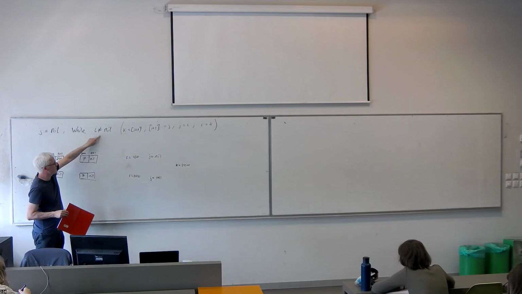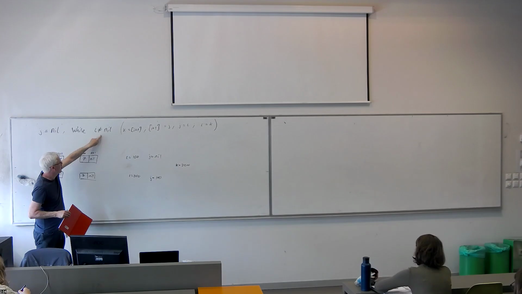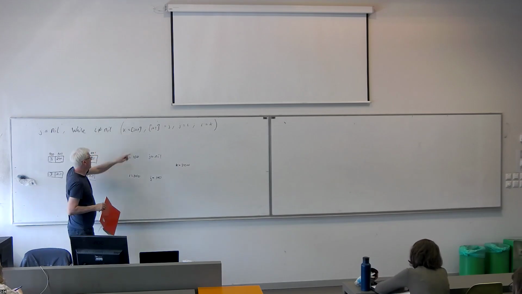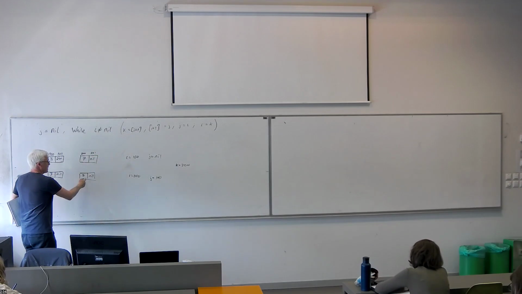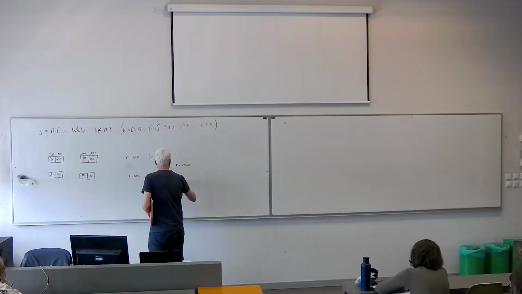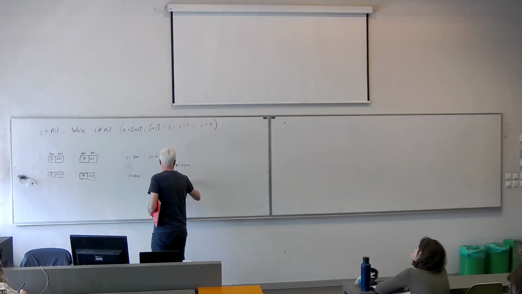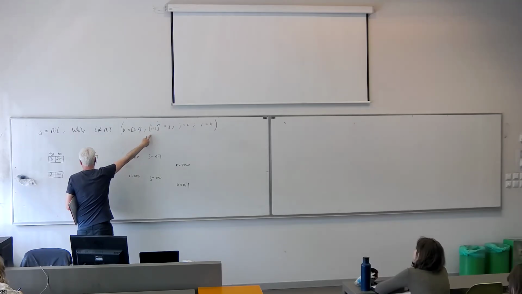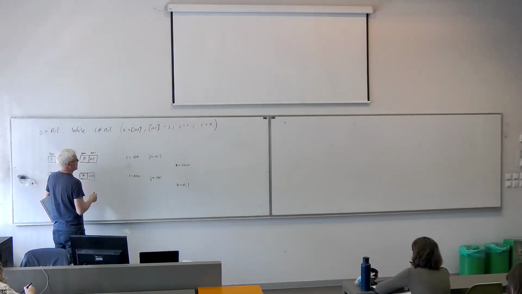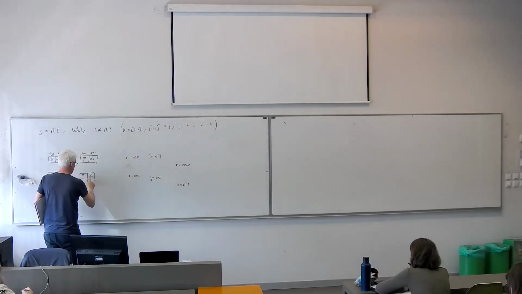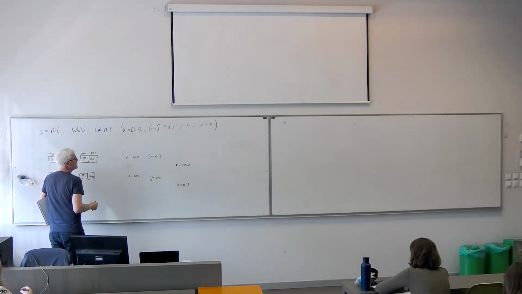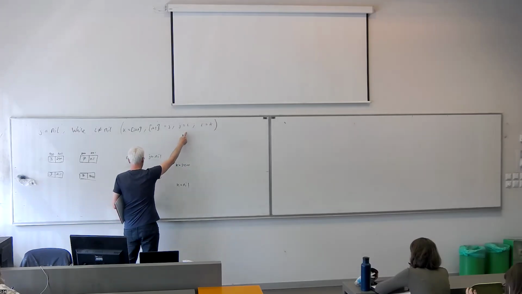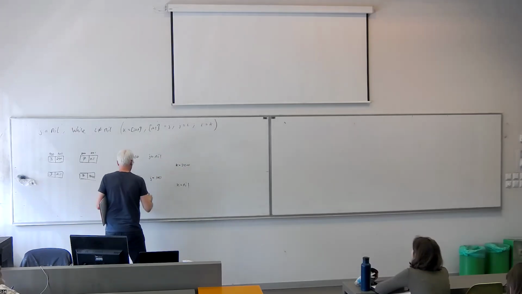So while i is not nil, well, it's still not nil. So k becomes the contents of i plus 1, which is the contents of 201, so k becomes nil. We set the contents of i plus 1, that's the contents of 201, to j, which is 100. We set j to become equal to i.